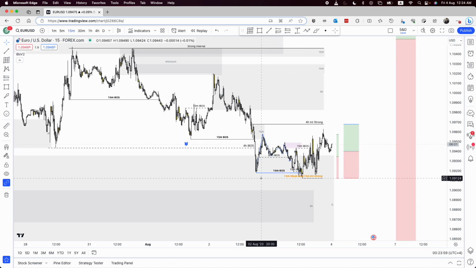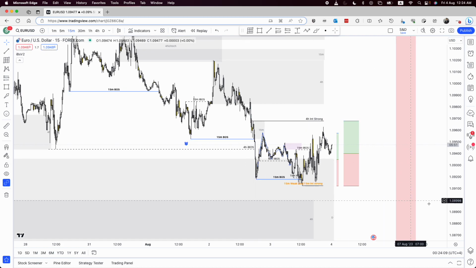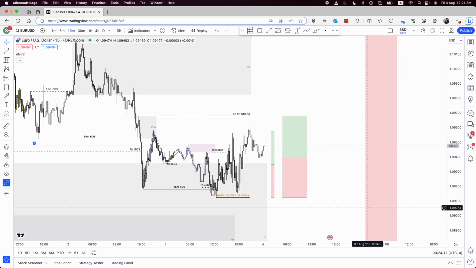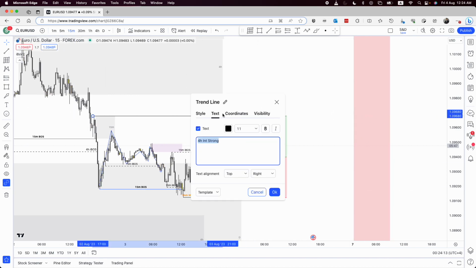So once you have the break of structure, 15-minute BOS, this is where I was saying that this is my new high, 15-minute strong high, because we had the BOS here. So once we have the BOS over here, let's put it, 15-minute strong high.